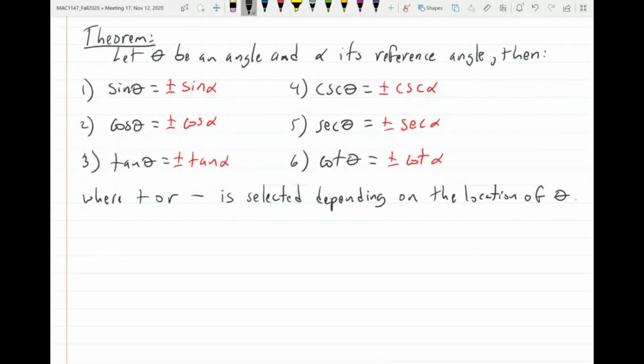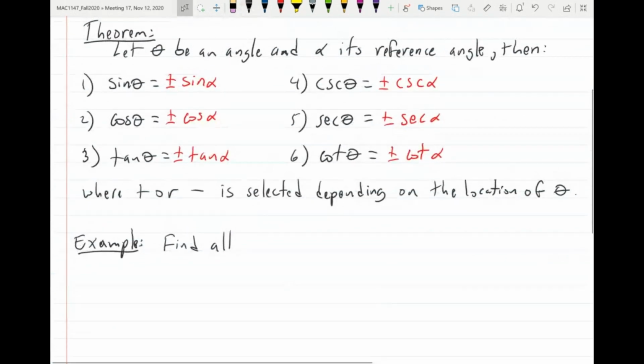Okay, so let's do an example. I'm going to give you an angle, and then I want you to find all 6 trigonometric functions. Okay? So find, and of course, this is without using a calculator, right?